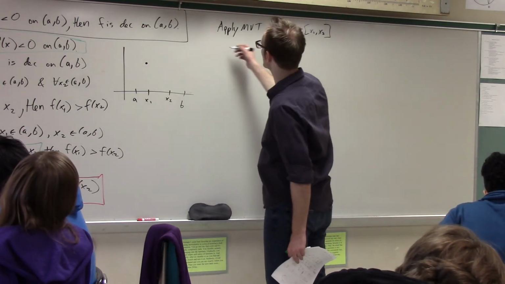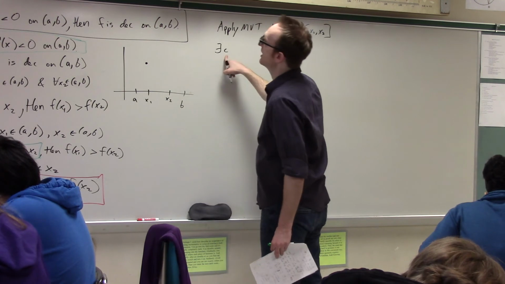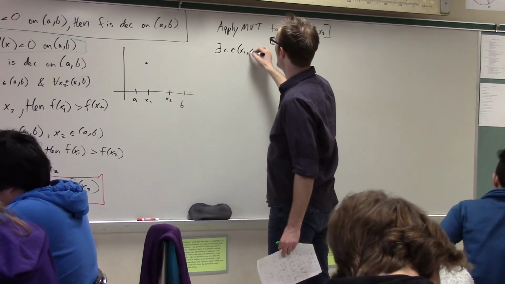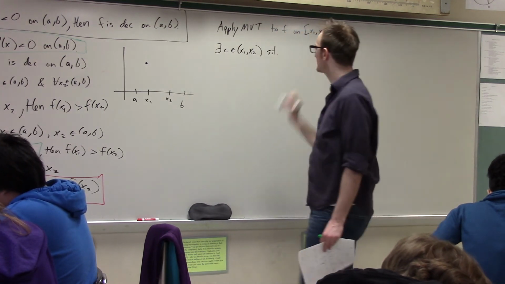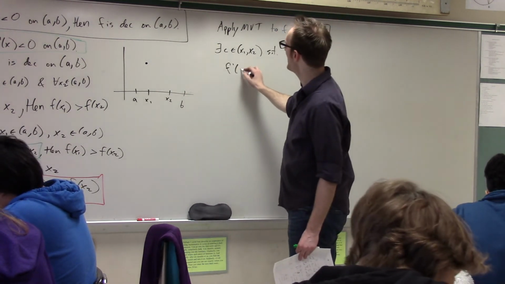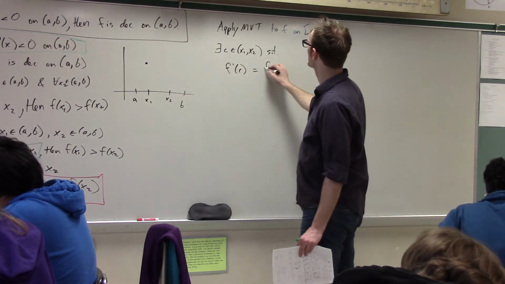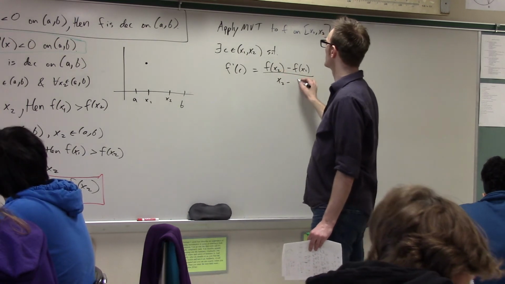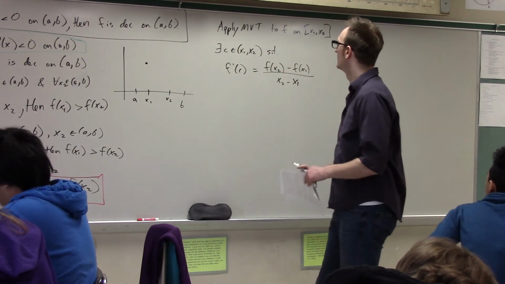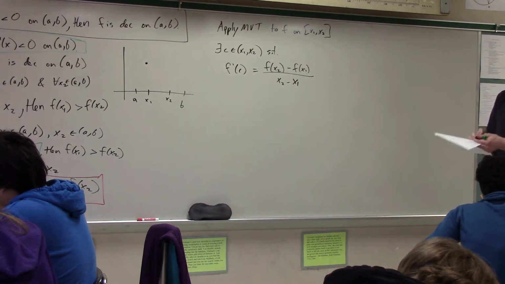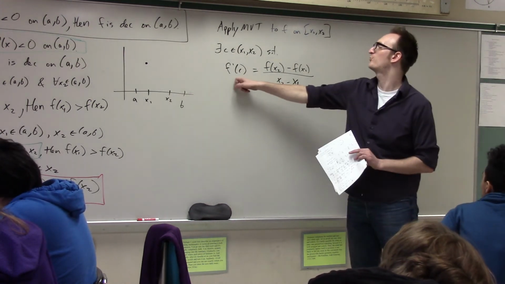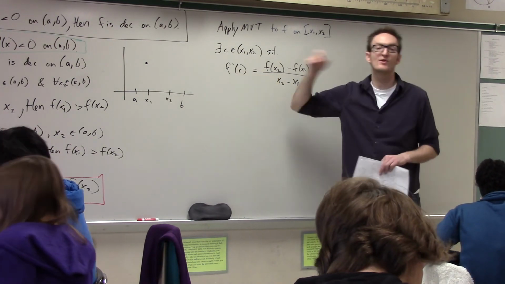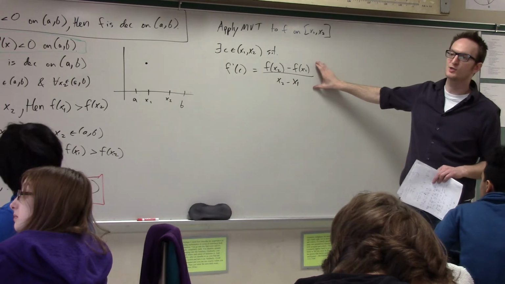The mean value theorem tells us that there exists a c on the interval x1, x2 such that f prime of c equals f of x2 minus f of x1 all over x2 minus x1. Again, the mean value theorem says that there is a representative point which this one point alone kind of summarizes the entire behavior of the function on that interval.